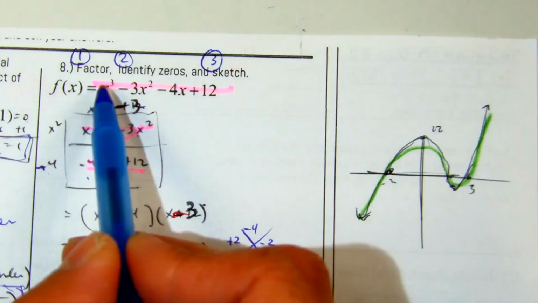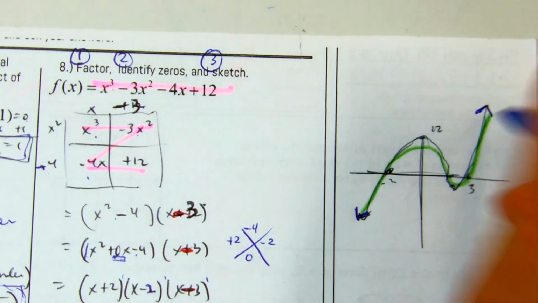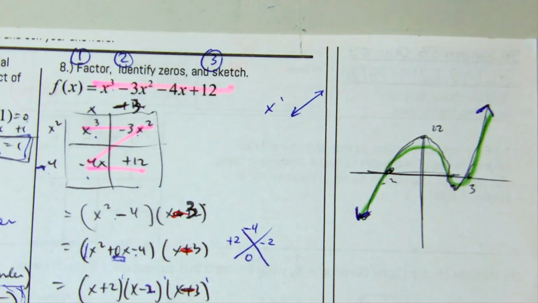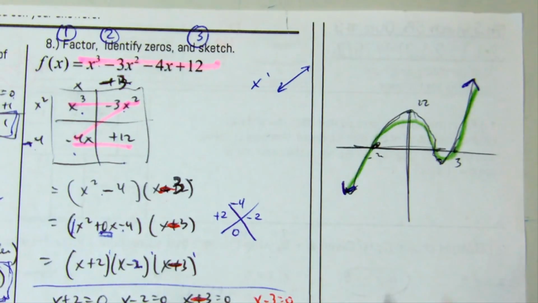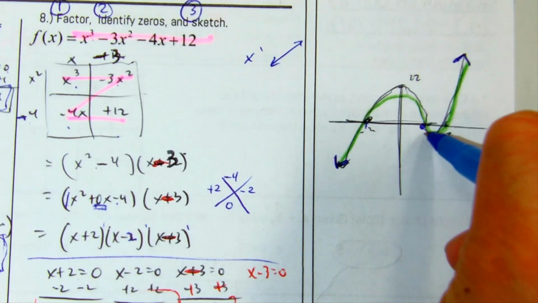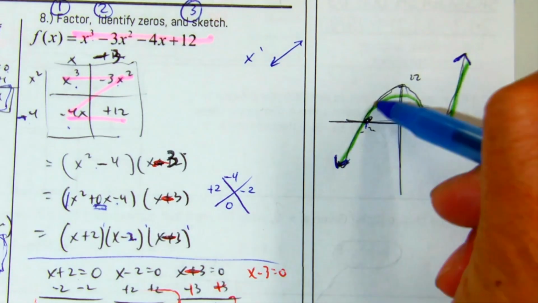So that means it is an odd degree. Starts down, ends up, just like x to the first. I have -2, +2, and +3. There are going to be shoot-throughs on all of those. Y-intercept is 12.